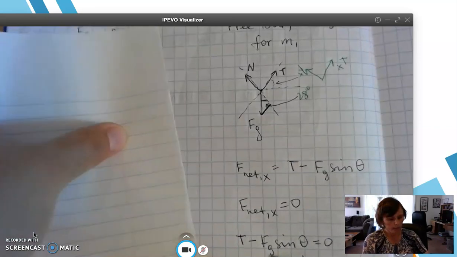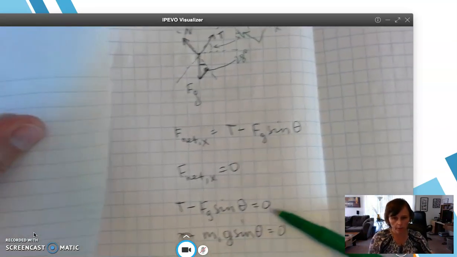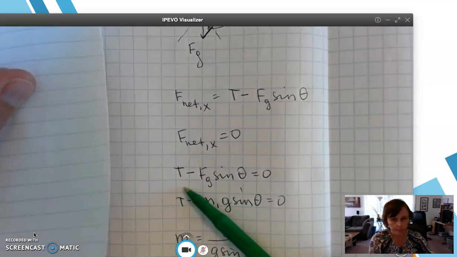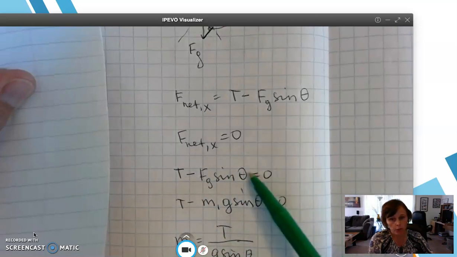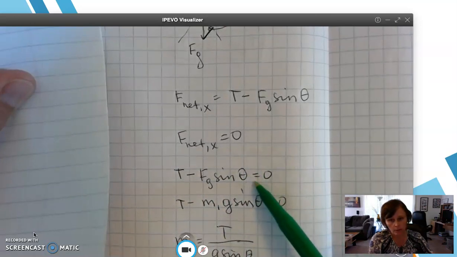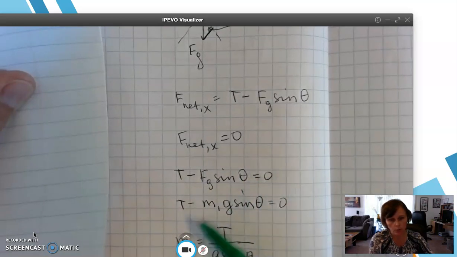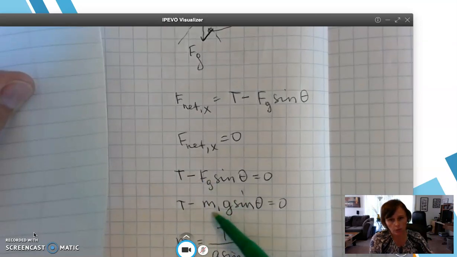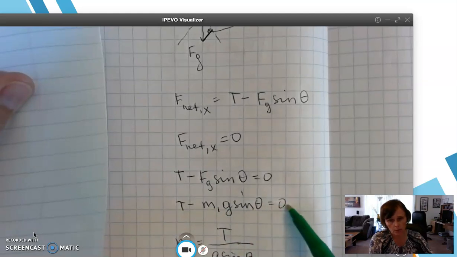Then we can continue with our equations here. We can say that there is no acceleration in x direction, so T minus Fg sine theta equals 0, and it's the same as T minus m1 times g, because the gravitational force is mg, remember, times sine theta equals 0.